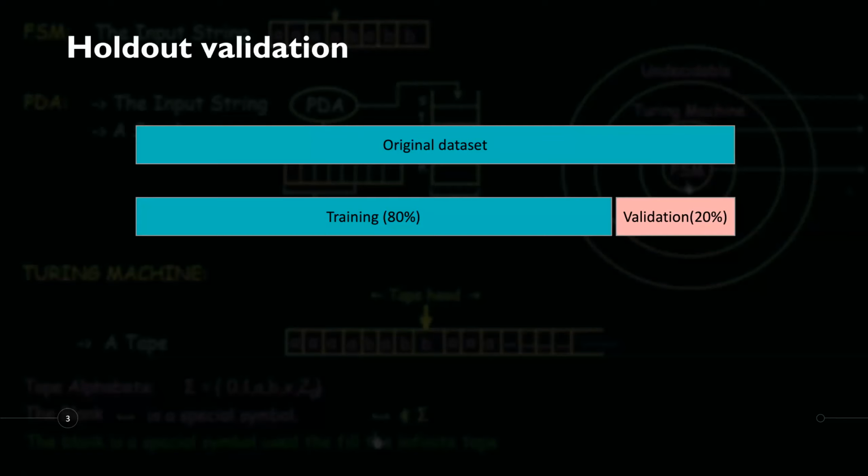So we train the model with 80% of the original data set, and then make predictions on the remaining 20% of the data, which is our validation data set.